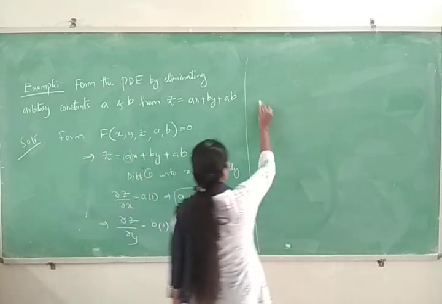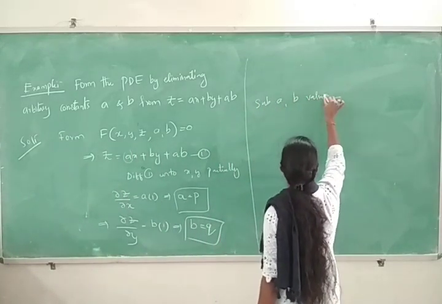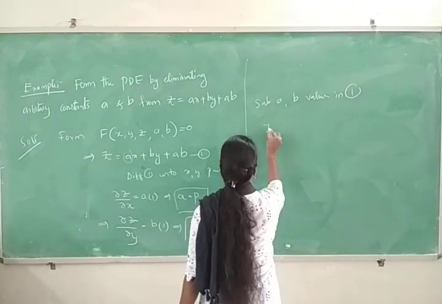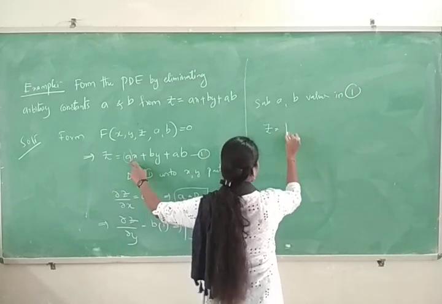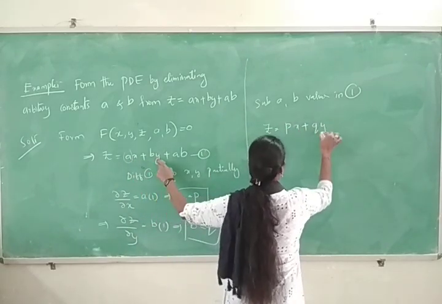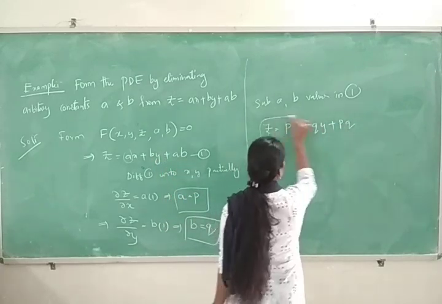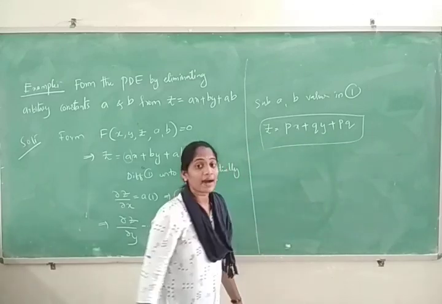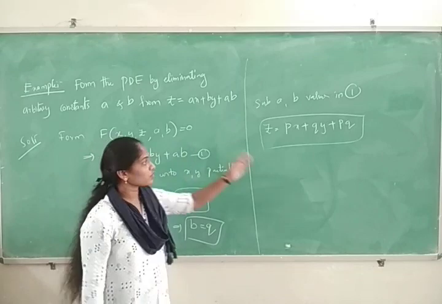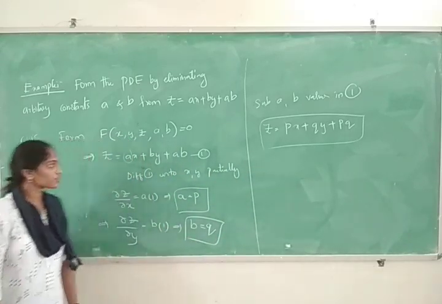So z is equals to p x plus q y plus p into q. This is our required partial differential equation of first order. So this is the normal example 1. Now we will see another example.